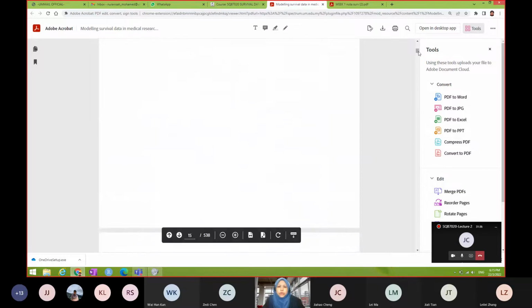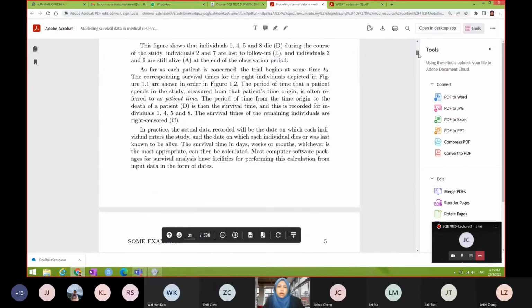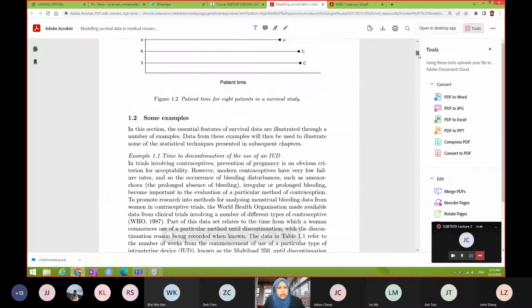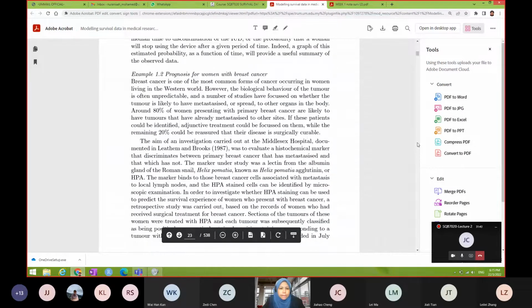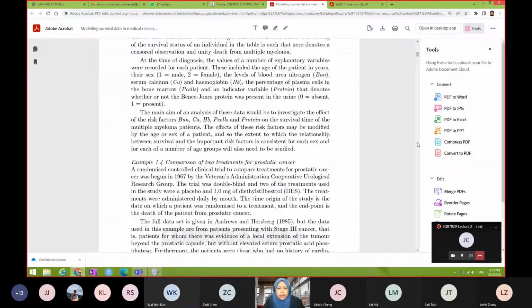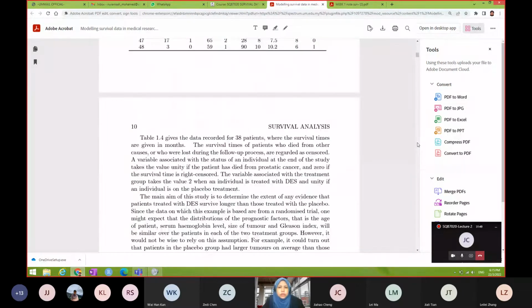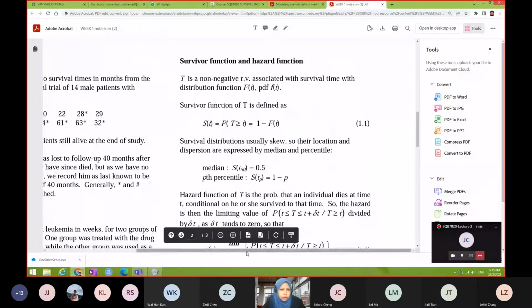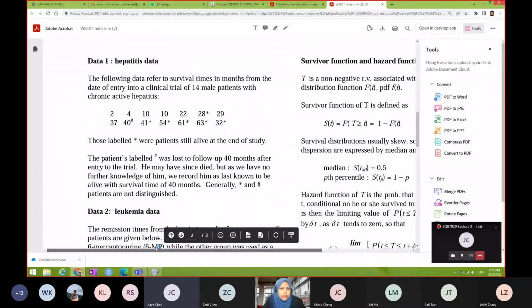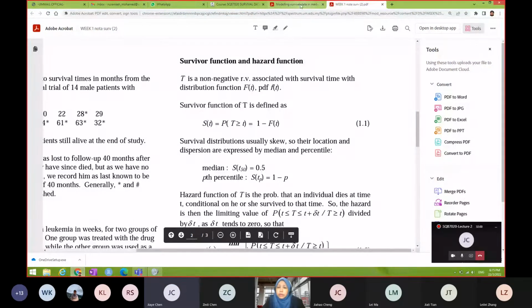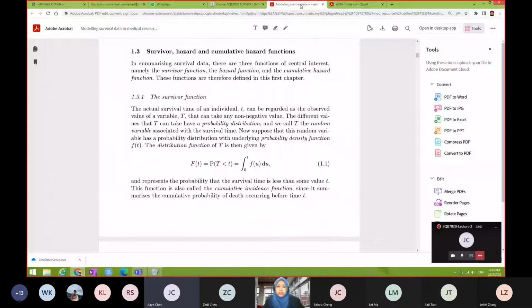I will always use this textbook as a reference. As a quick recap, we have looked at 2 examples, the hepatitis data and also the leukemia data, which are also available in your textbook.